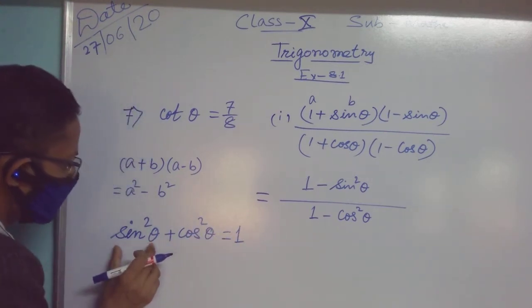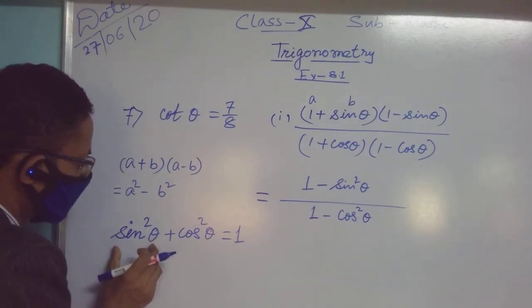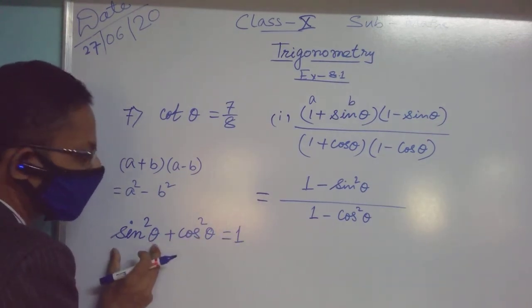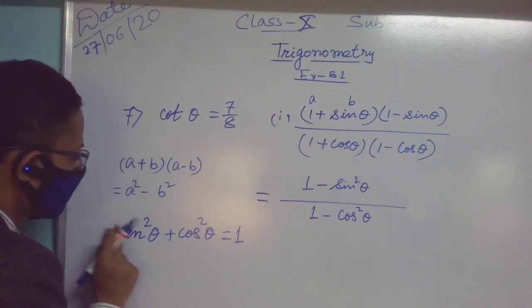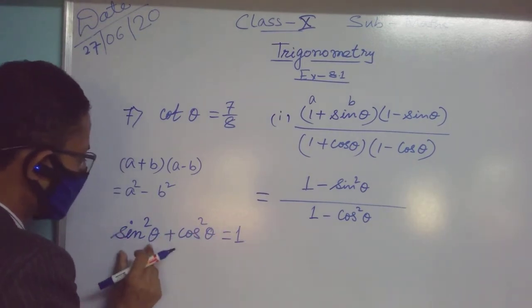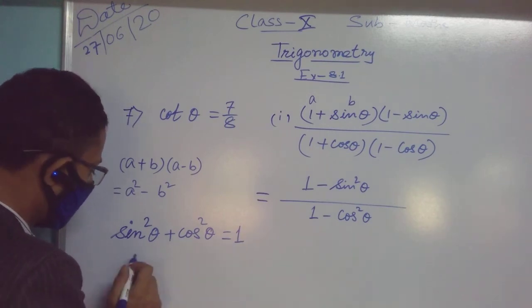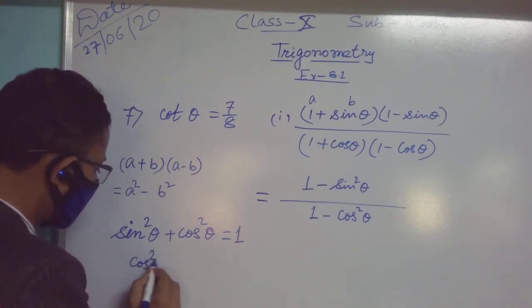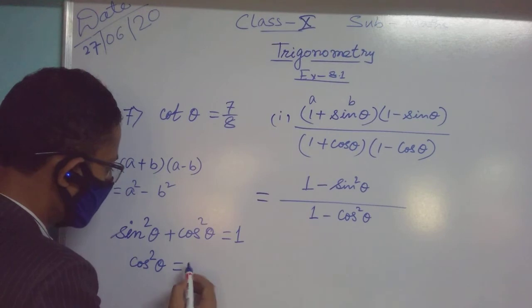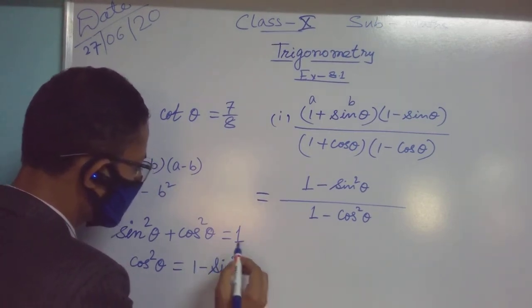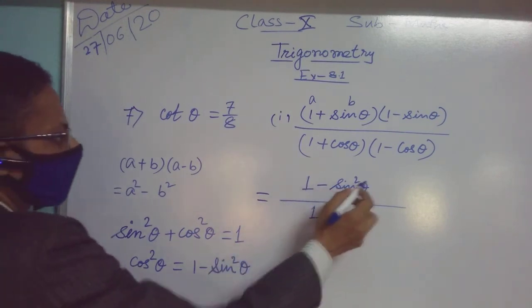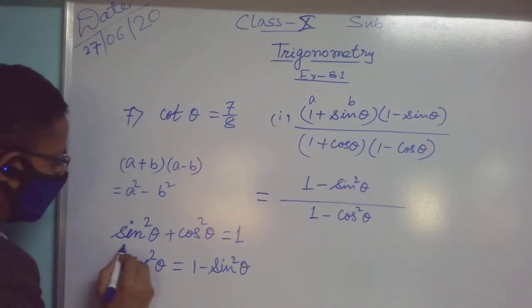Now if you transpose sine square theta from the left hand side to the right hand side, it is positive here, so it will become negative. And cos square theta I will write here only, that is equal to 1 minus sine square theta. So 1 minus sine square theta is cos square theta.